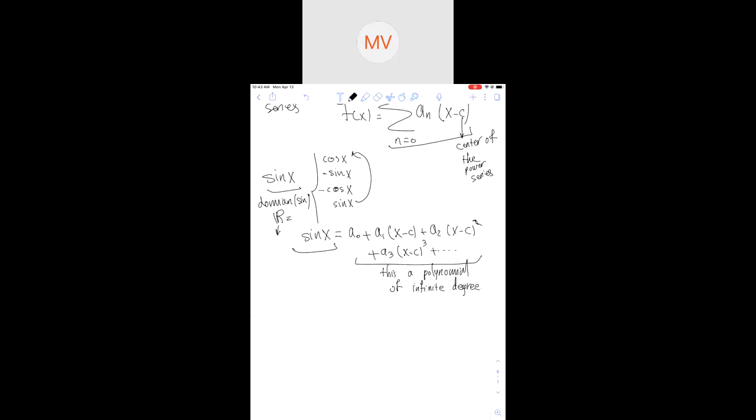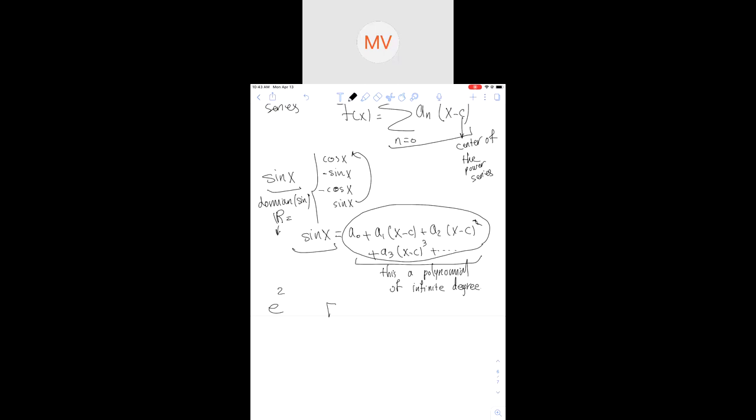So it's a very interesting fact. In fact, I don't know if I mentioned this, but this is what they use in computers and calculators to approximate these functions. So when you see e to the second in your calculator, that number is not the exact e to the second.